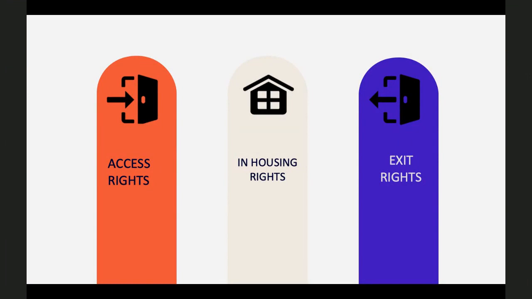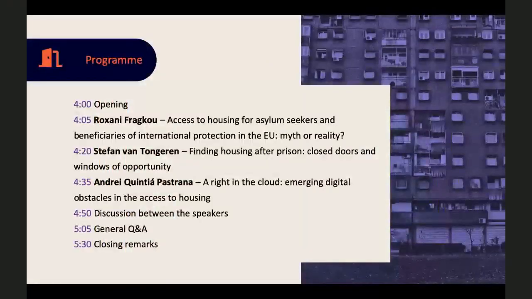And what rights do you have if you're forced to leave the house? These 3 typologies of the right to housing will be central in our hybrid seminars. So this is the first one on access rights. Then we have a second one in a few months on in-housing rights, and a third and last one on exit rights.